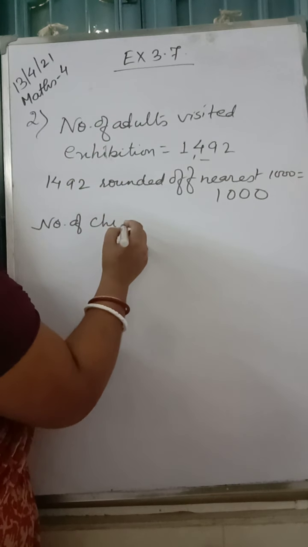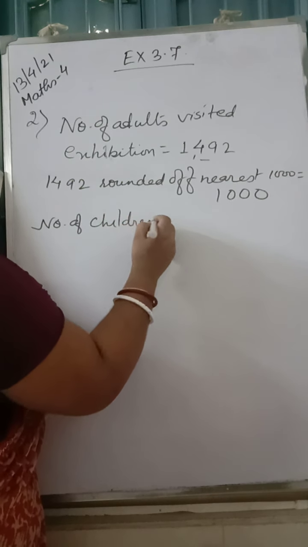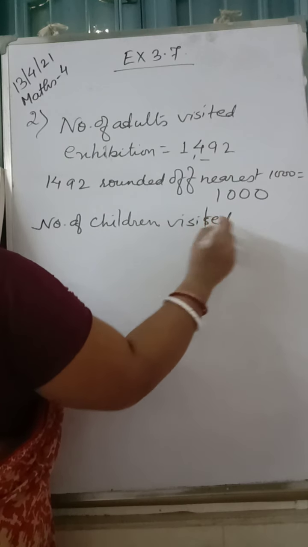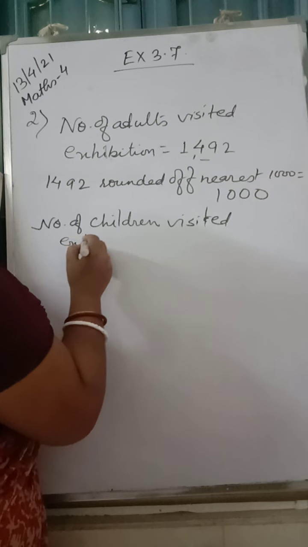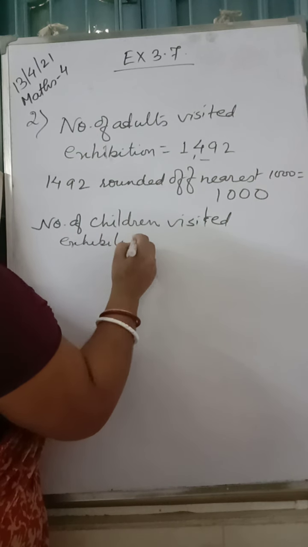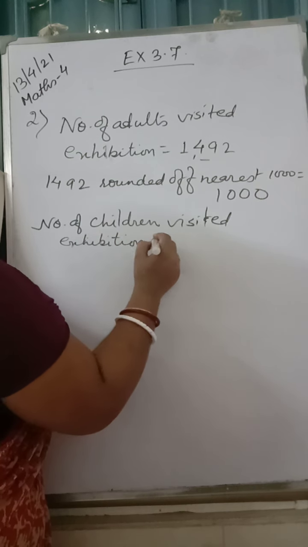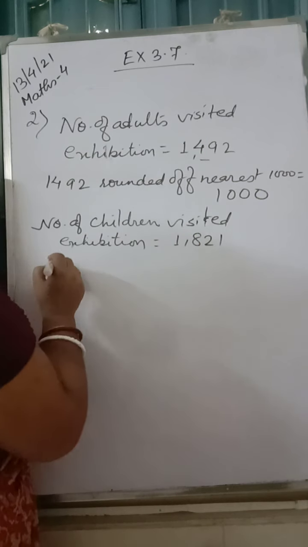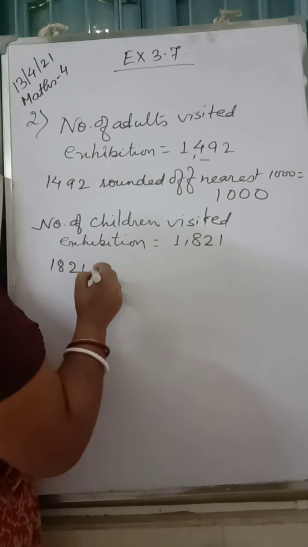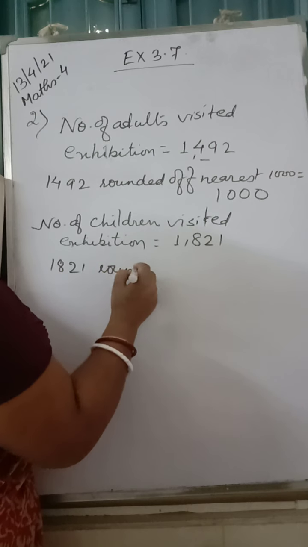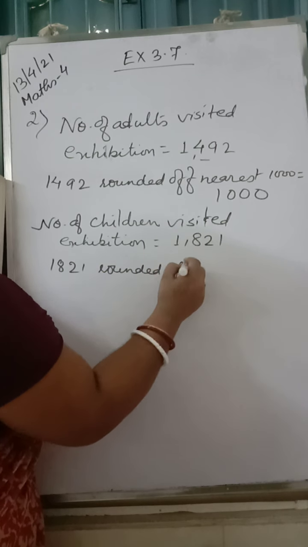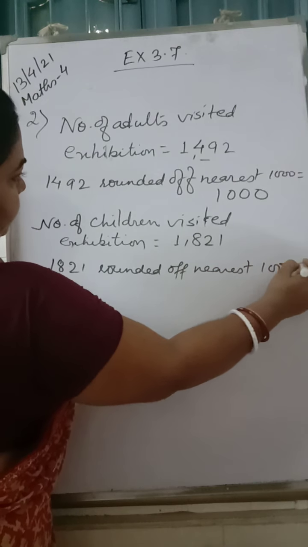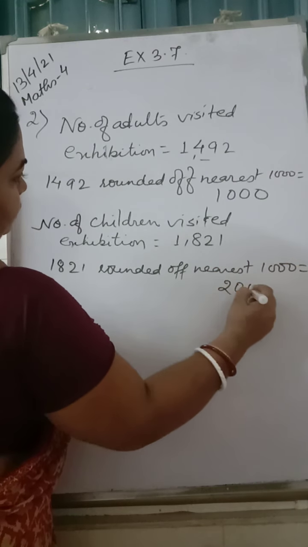And number of children who visited the exhibition is equal to 1821. Now 1821 rounded off to the nearest 1000 is equal to 2000.